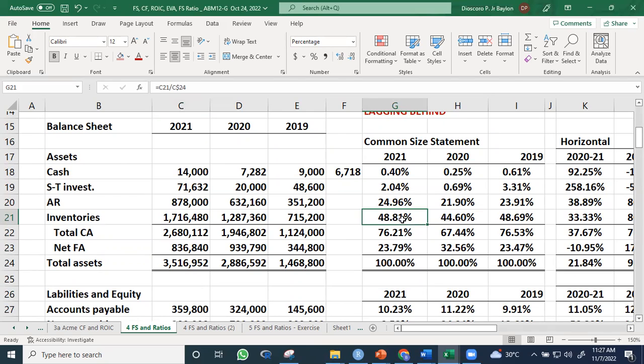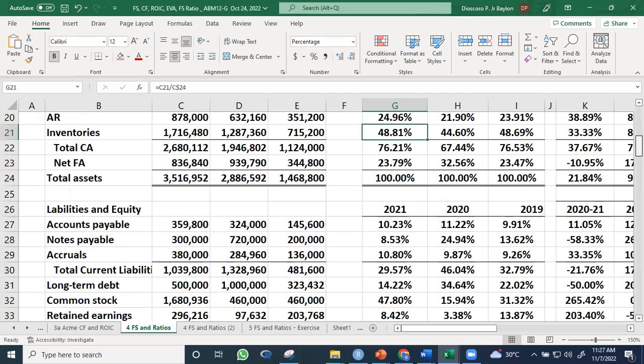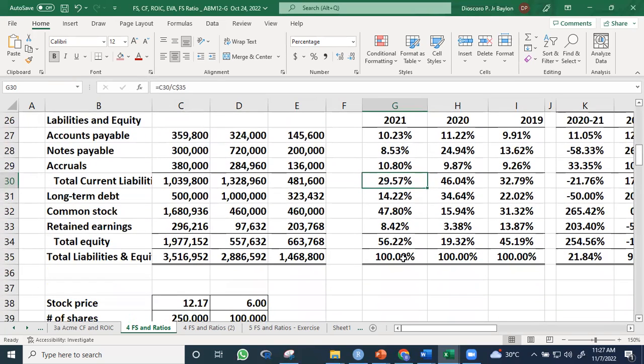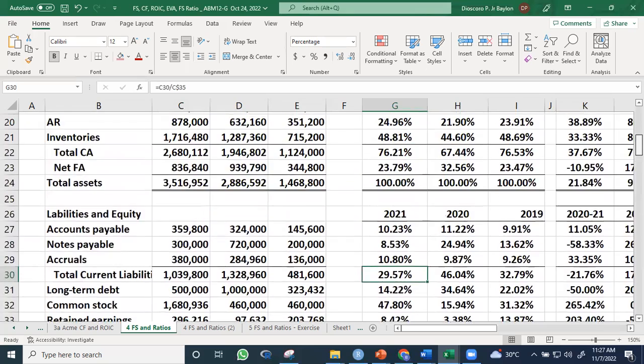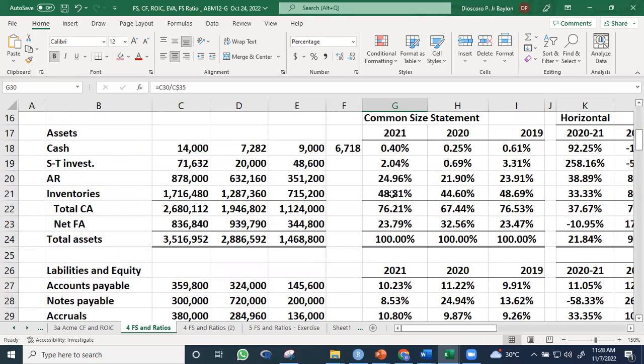Makikita natin dito guys on the right side yung percentage ng current assets, while total current liabilities is 29%, no? They have the same divisor anyway. So they are comparable in a sense kasi total assets, total liabilities, and equity are the same, no? So 48.41% yung inventories.